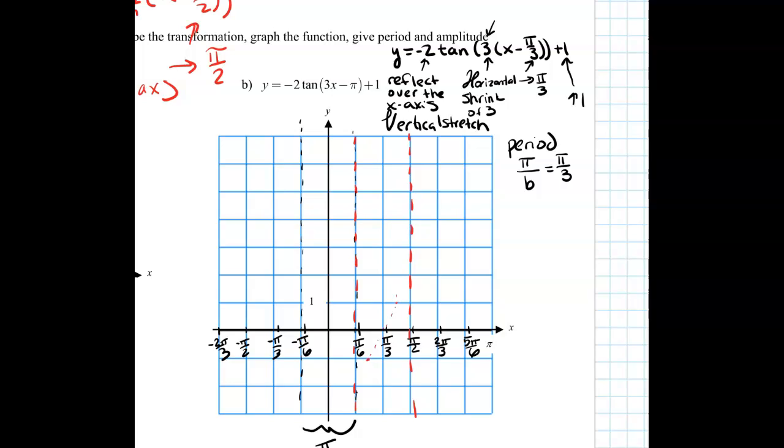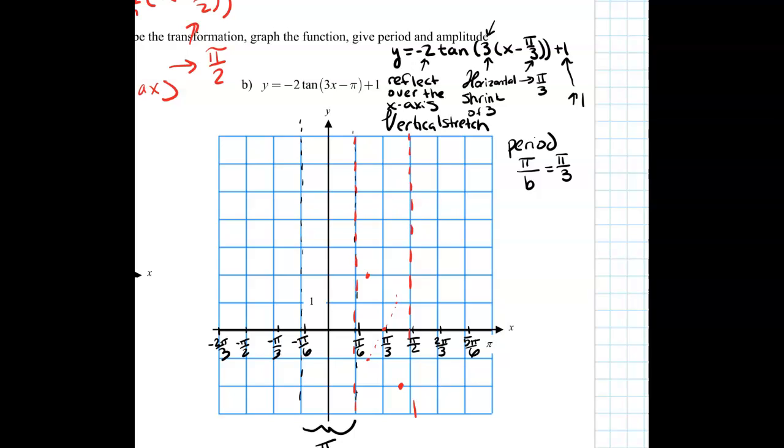But I'm not quite done yet. I still need to reflect over the x-axis, which is going to put my other points down here, here, and here, reflecting those over the x-axis. And then I need to vertically stretch those by 2, so instead of being at 1s, they're going to be at 2s.